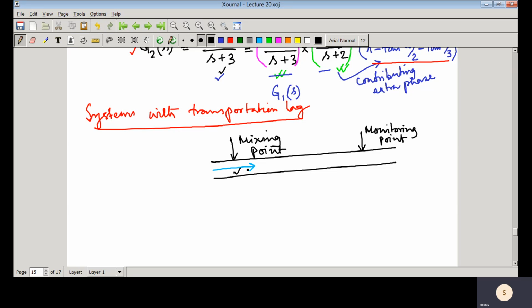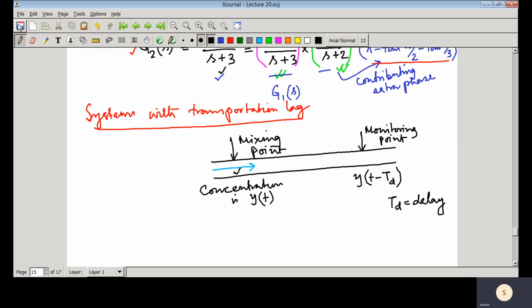If you look at the concentration y(t), at time t you are mixing at this point and monitoring what its concentration would be. Obviously, because of the distance from the mixing point to the monitoring point, you will get that concentration after some time, and that time is T_D. So this T_D is called the delay.